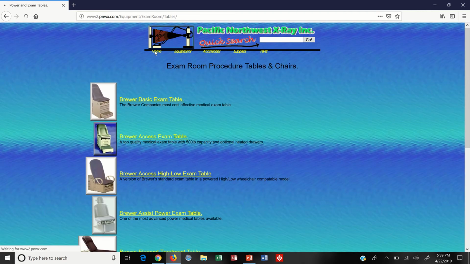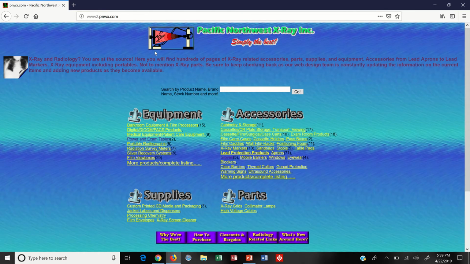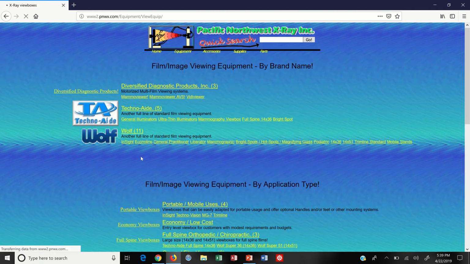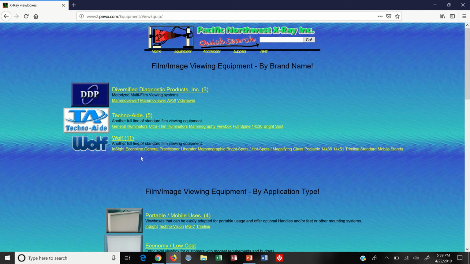Let's do it. All right, find the price for the Mammo Viewer high capacity motorized film viewer with the MV crate stock number option. What was that again?